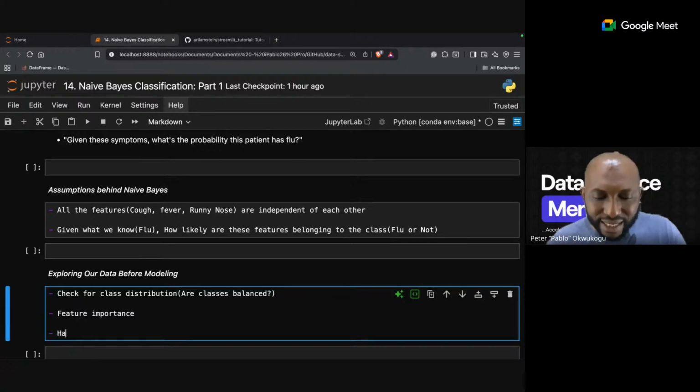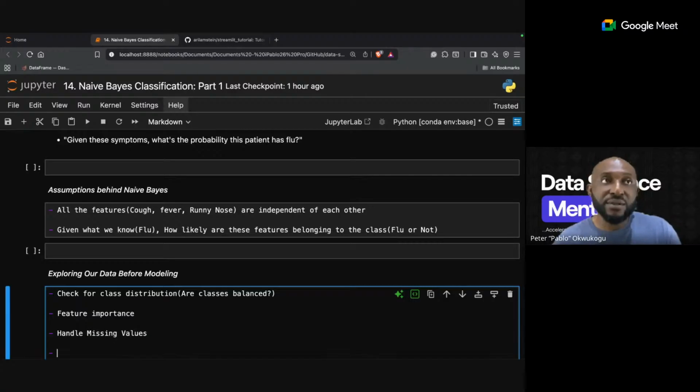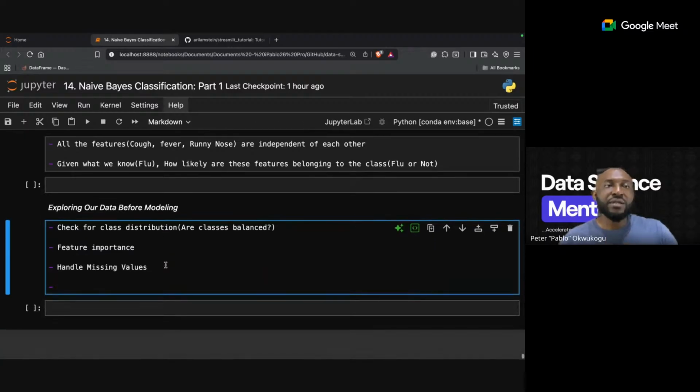We have to handle missing values. We must handle missing values, right? Because not every algorithm can handle missing values on its own, so it's important. And then we have to encode our categorical features.